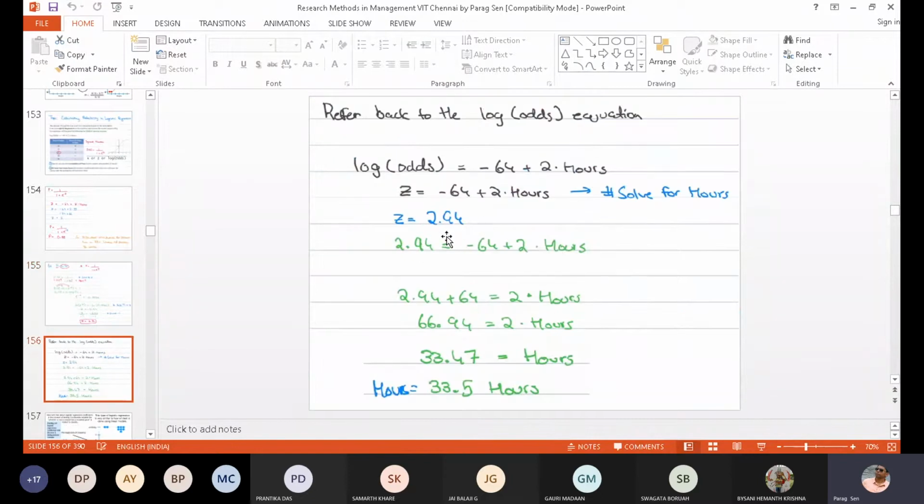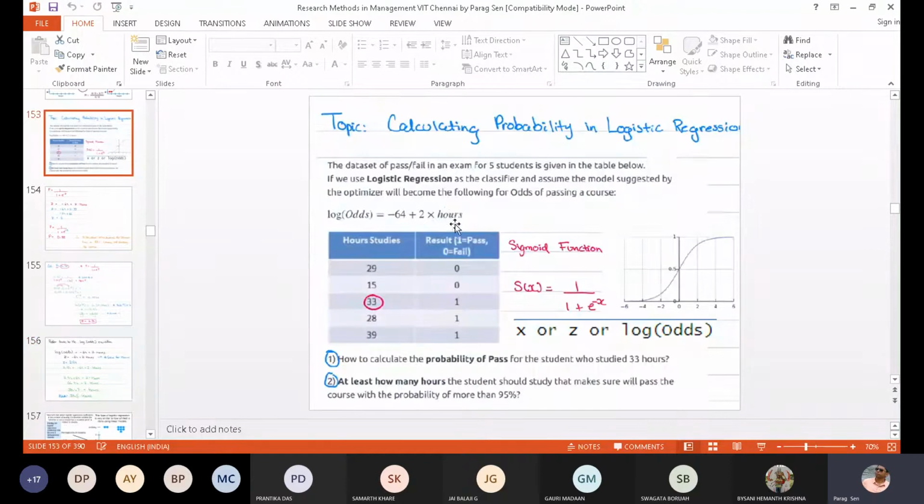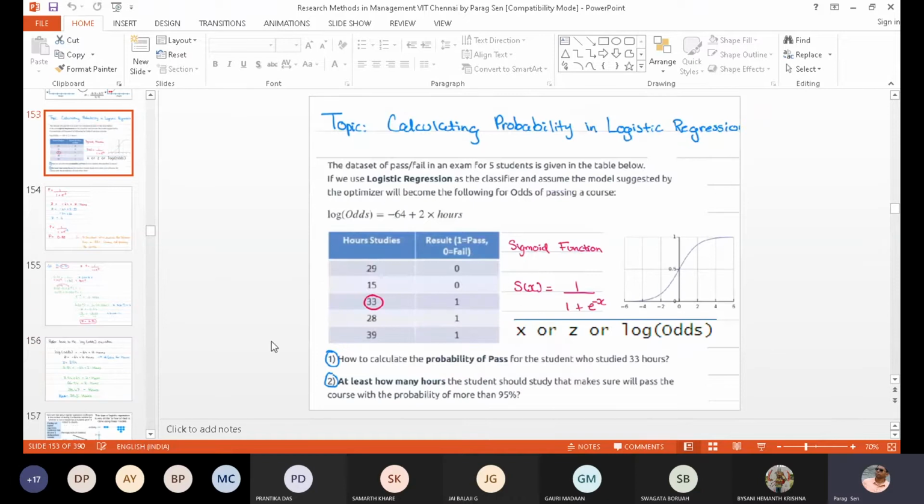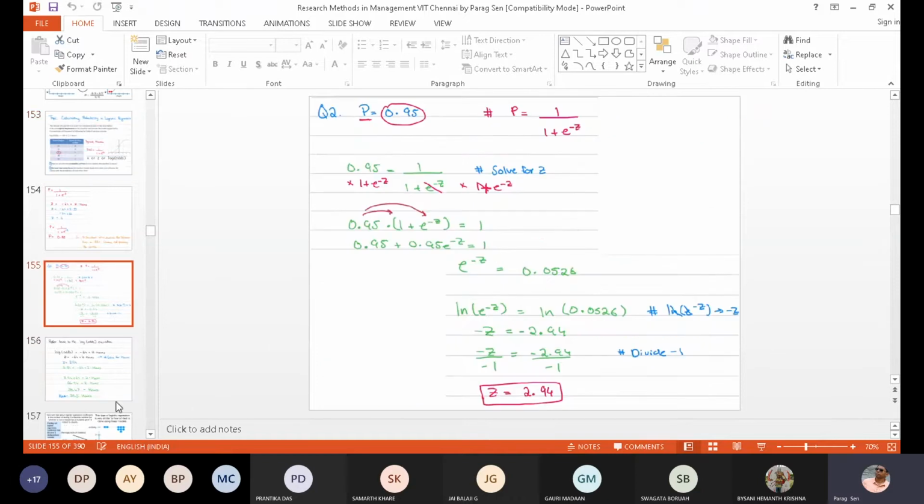You put z equal to 2.94 in this particular equation, and the value of the hours will come out to be 33.5, because the log odds value you are actually calculating from here.